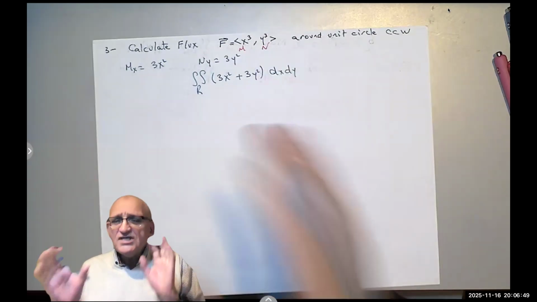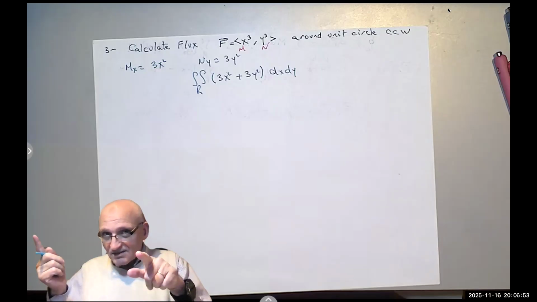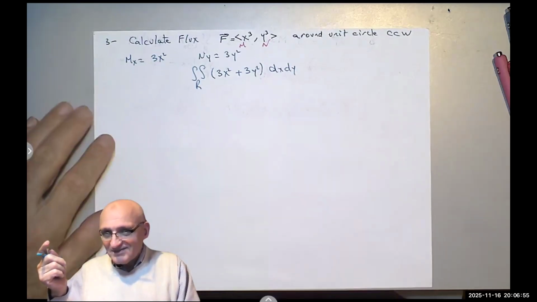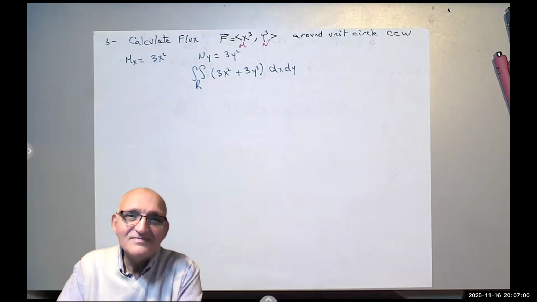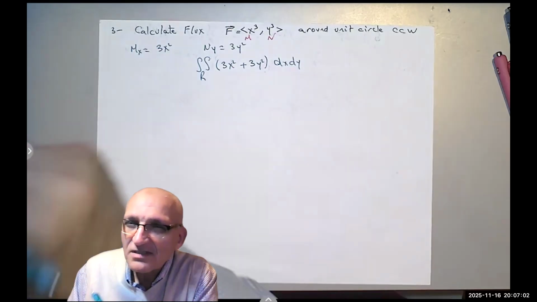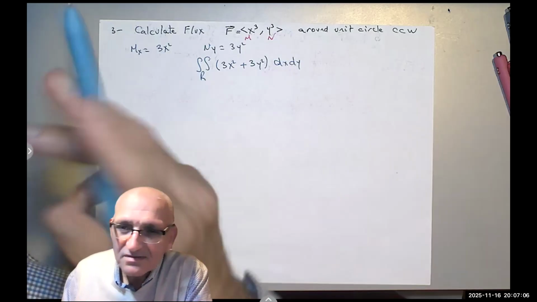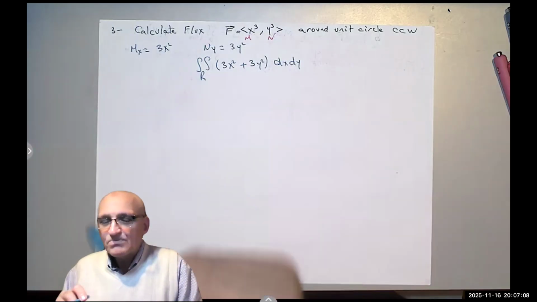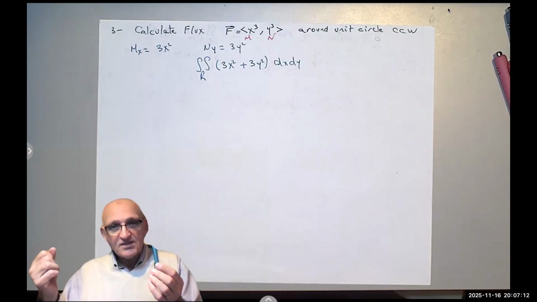Every time you see x squared and y squared, think what? Circle, ellipse, parabola, hyperbola? What should we go and think about? Polar coordinates.